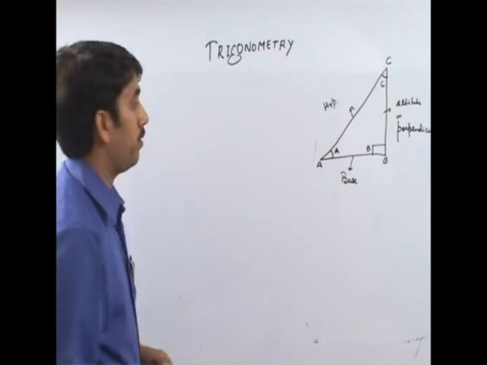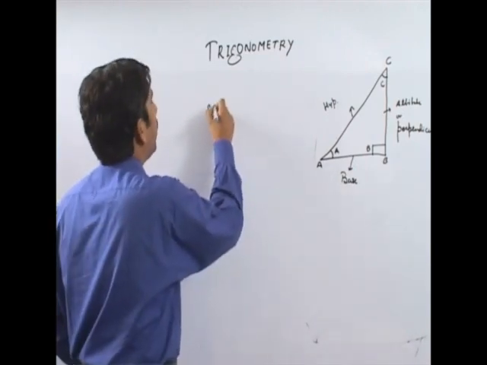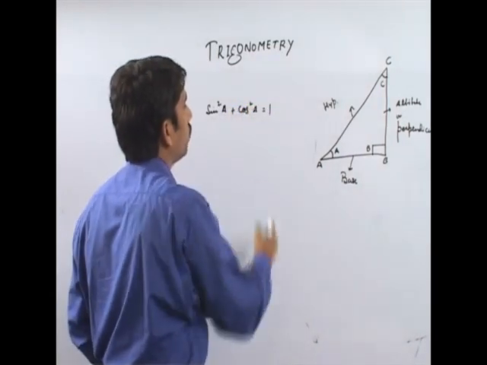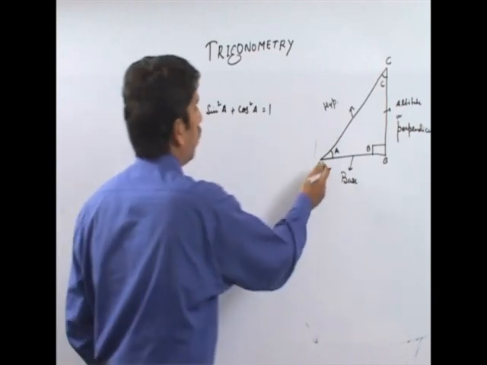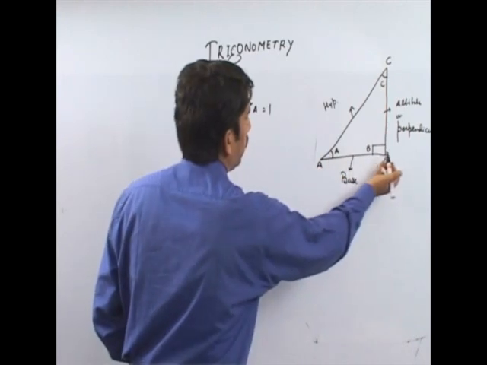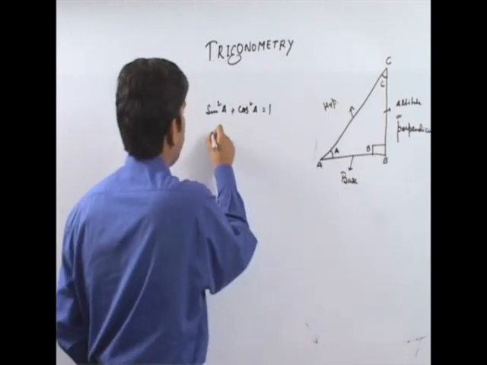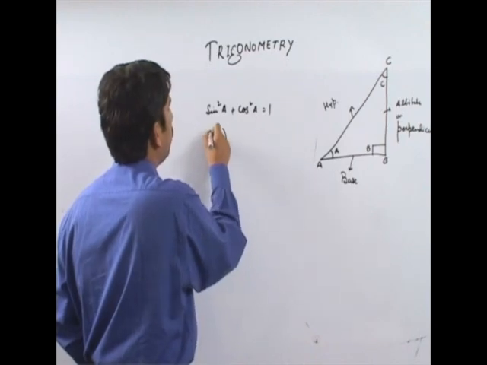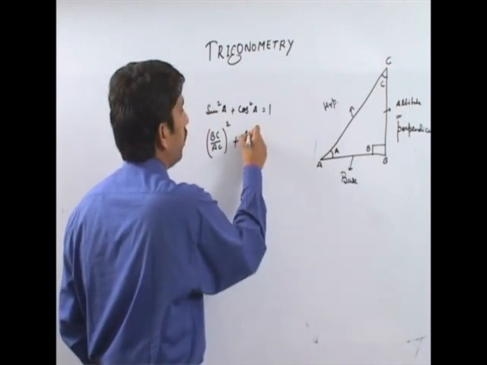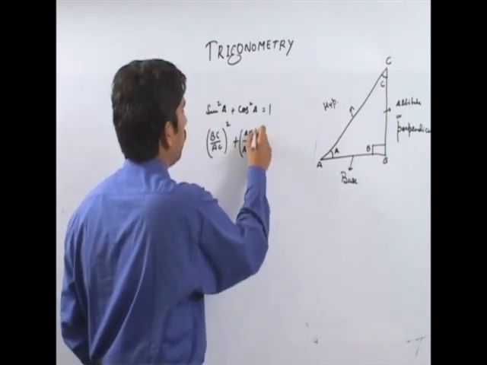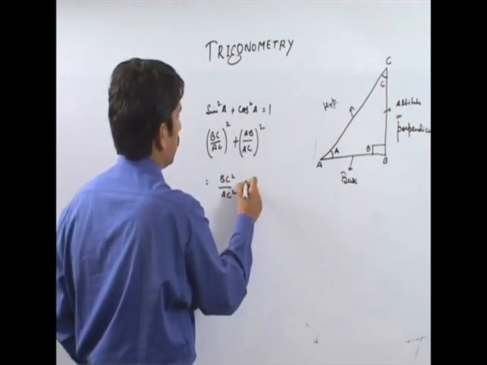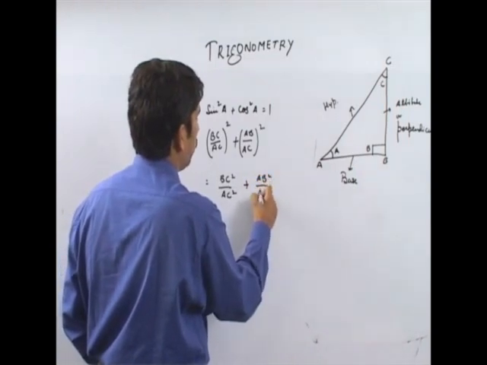Now some important formulas. Sin square A plus cos square A is equal to 1. Now what is sin A? Sin A is BC over AC, the whole square, plus cos square A is AB over AC the whole square, which is equal to BC square over AC square plus AB square over AC square.